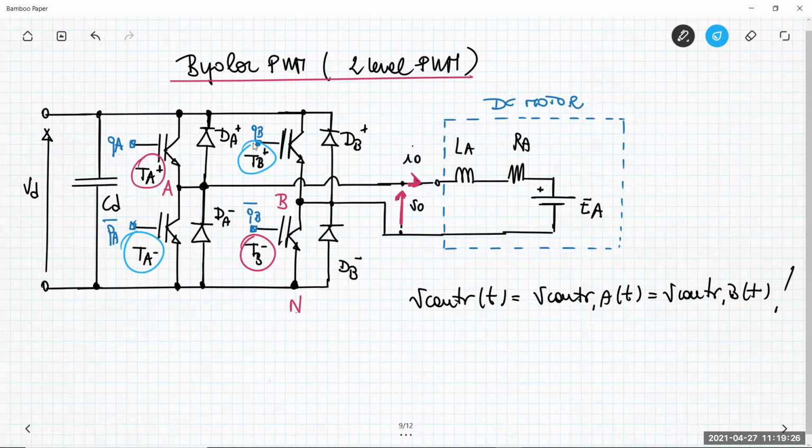So they act as if they were a unique switch. This is not what happens in the unipolar pulse width modulator, in which we also have the combination of Ta plus and Tb plus, and the low side switches Ta minus and Tb minus.